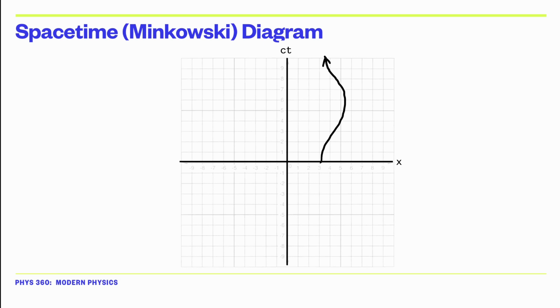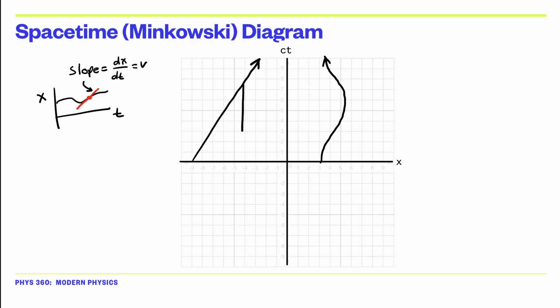The slope of a line in this diagram is proportional to 1 over the velocity. So imagine we had a world line with a constant slope, then the change in height would be c delta t, and the change in the horizontal axis is delta x.